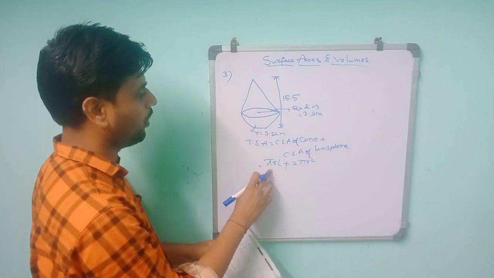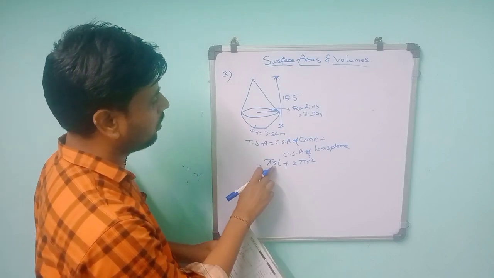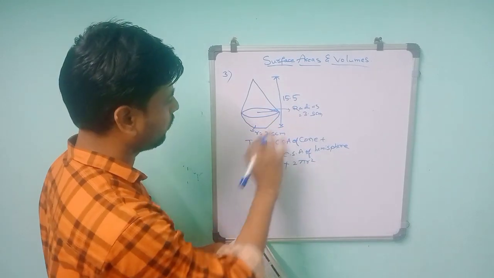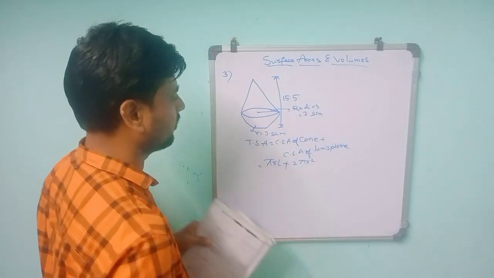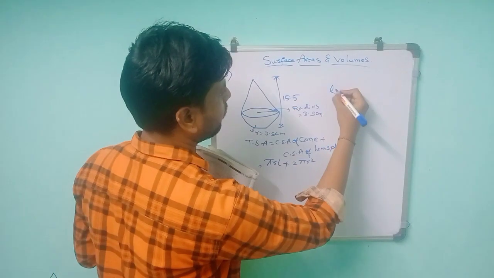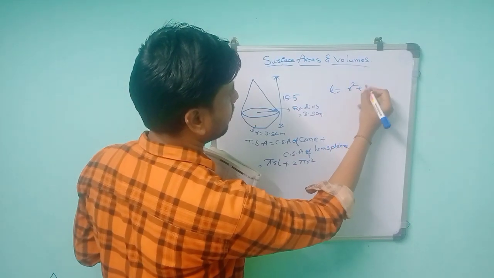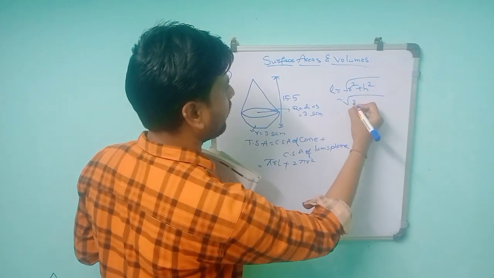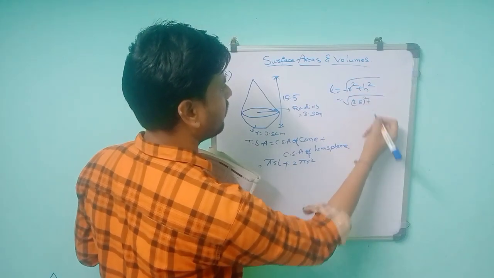We know pi value is 22 by 7 or 3.14. R is 3.5 because both radii are the same. Then l means slant height, which we find by the formula root of r square plus h square.